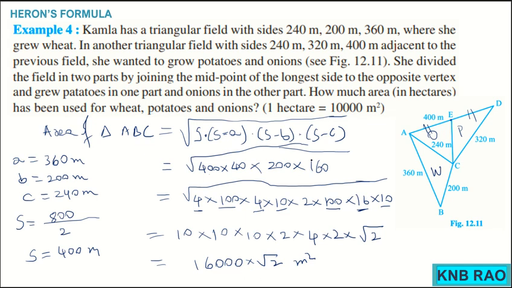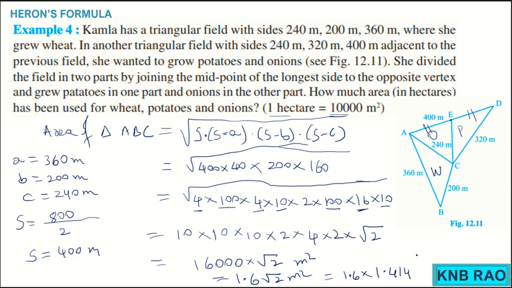Suppose if you convert it into hectare, 10,000 square meter is 1 hectare. So this 16,000 divided by 10,000 gives 1.6 root 2. If I substitute the value of root 2, 1.6 into 1.414 is the value of root 2.